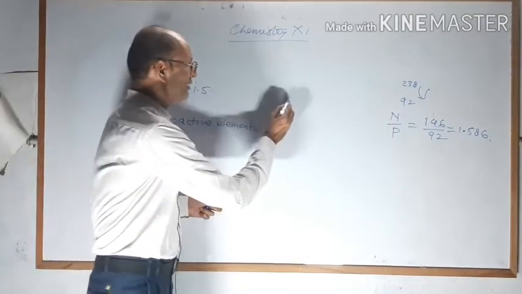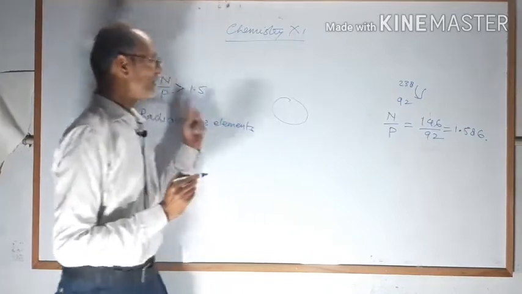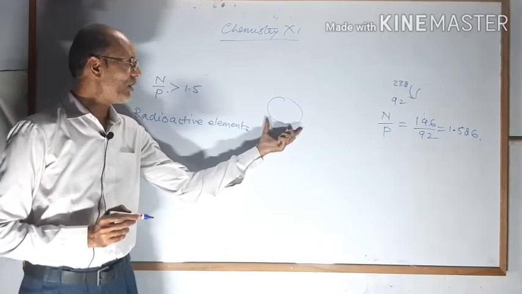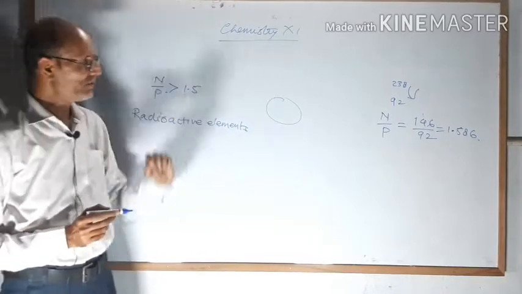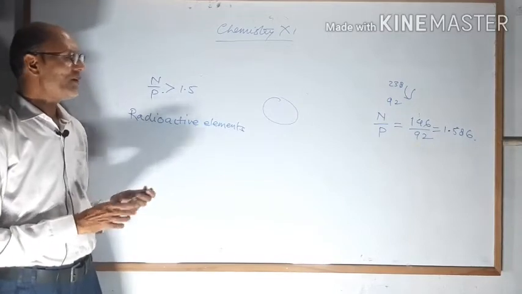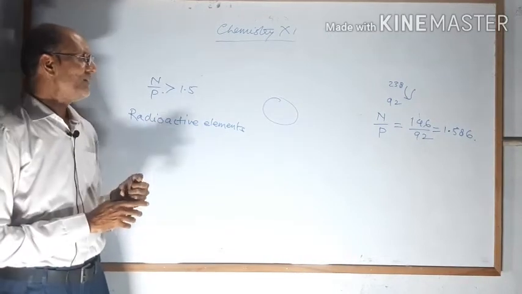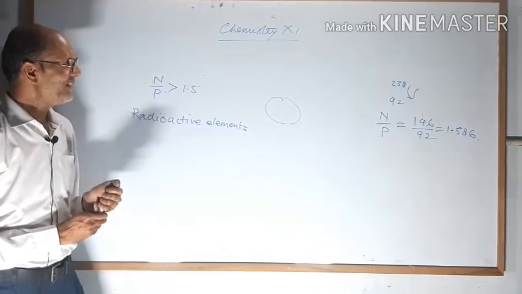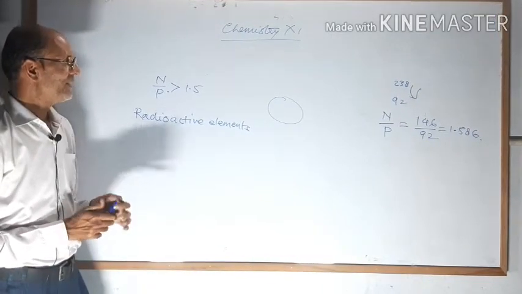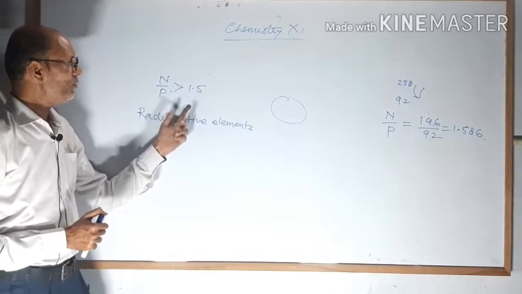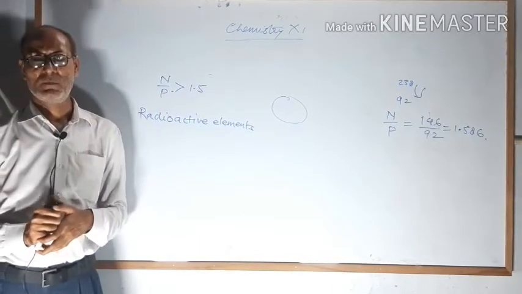That means the nucleus of this type of element will be larger and have a high atomic mass like 238. They are not stable, they cannot stand if you keep them like this. What they do is, they want to change this ratio to below 1.5.